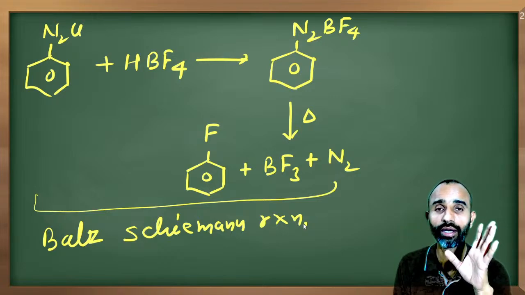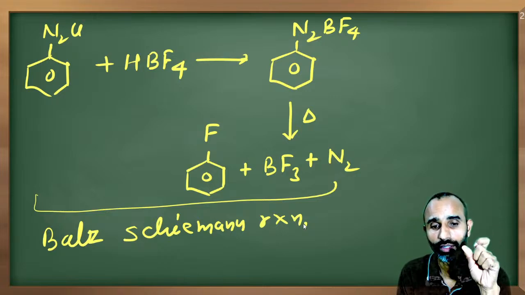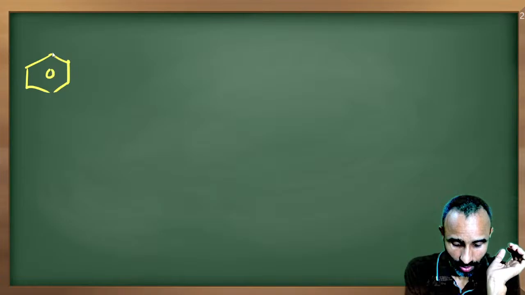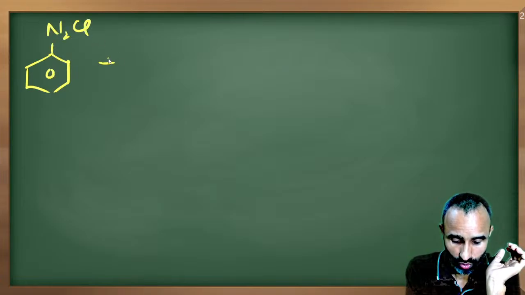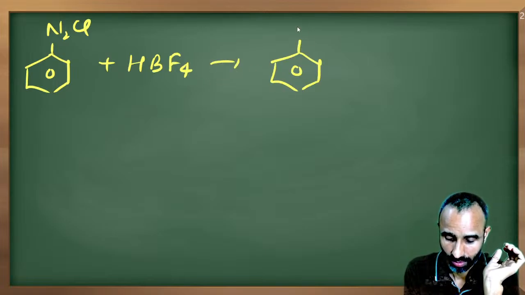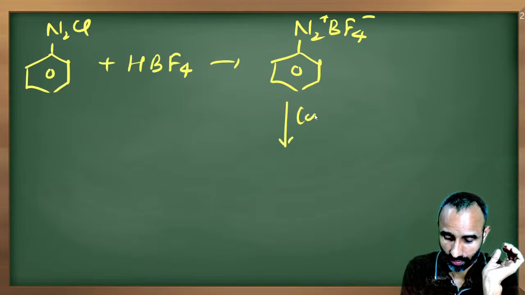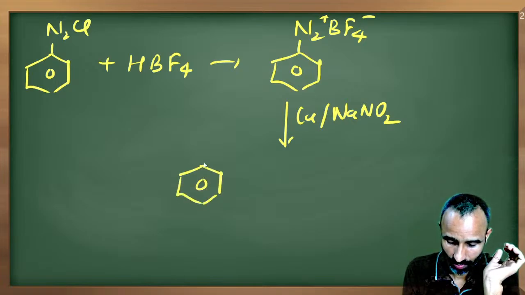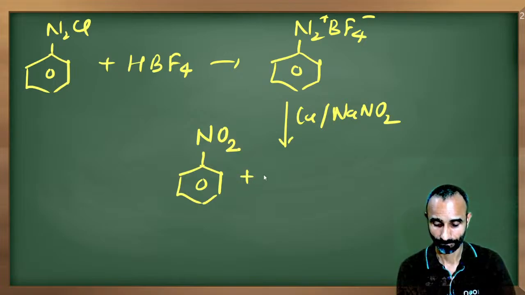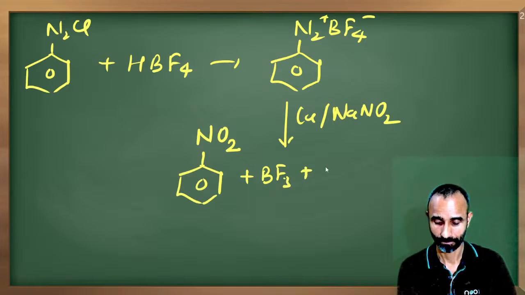This is given in the NCERT, but the name is not mentioned. Now again, this N2Cl, on treating with HBF4, first we get this product N2BF4, and we treat it with Cu and NaNO2, then we get nitrobenzene.